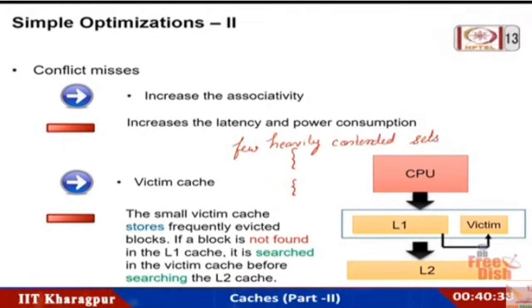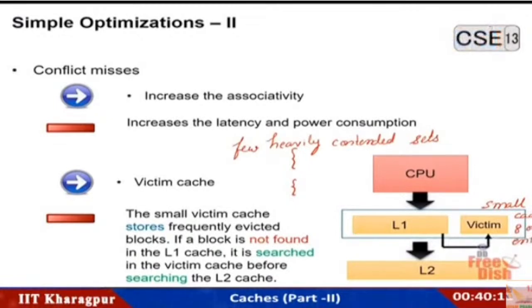So only a few sets will have a lot of contention, and so there will be some of these unfortunate blocks that will keep on getting evicted repeatedly. So instead of storing them in the L2 cache, why not have a small fully associative cache? One of the rare examples of fully associative caches, a small one, which maybe has 8 or 16 entries.